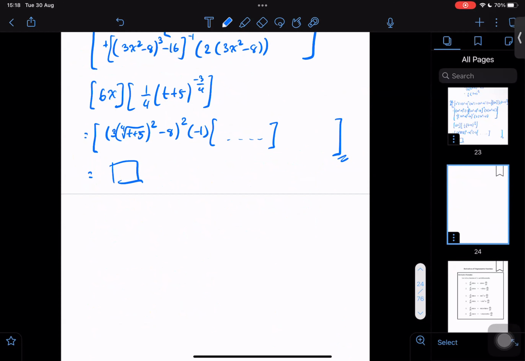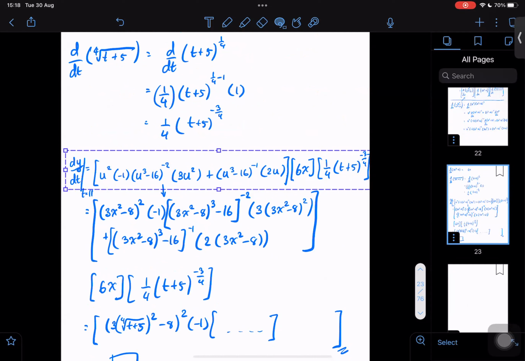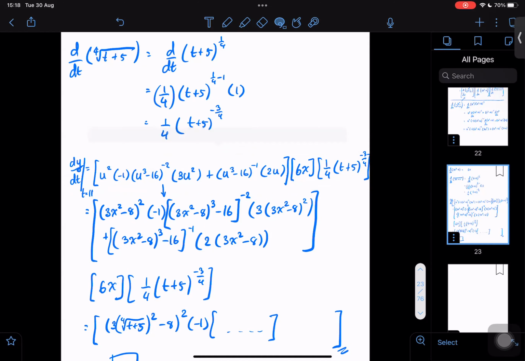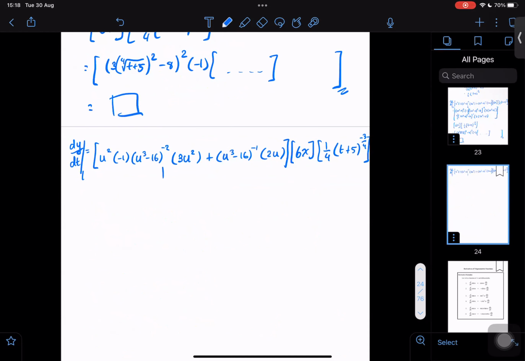So then you can plug 11 into the variable t, and then you will get the answer. This is one way. Another way is, if you want to find this thing at t equal to 11, you know that x is equal to, not square root, the fourth root of t plus 5.